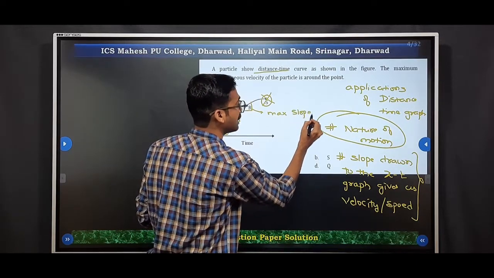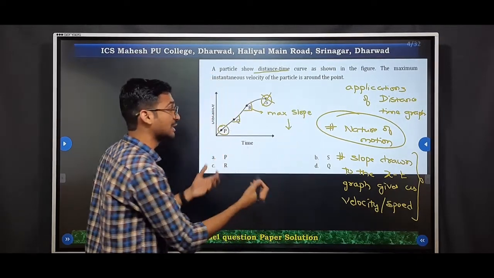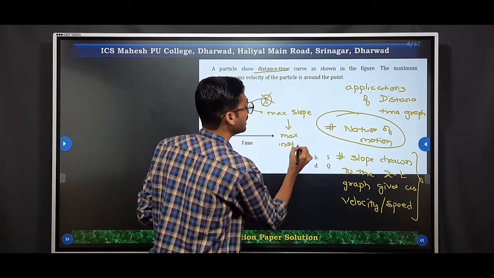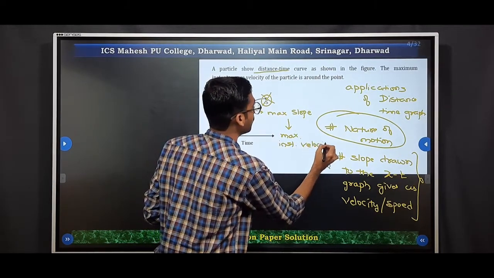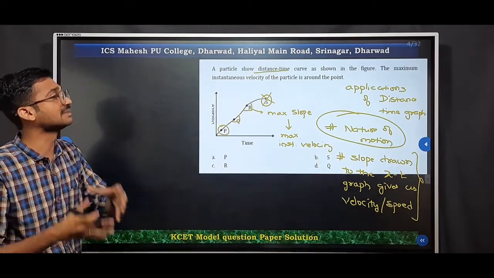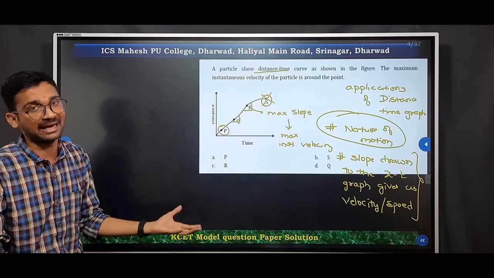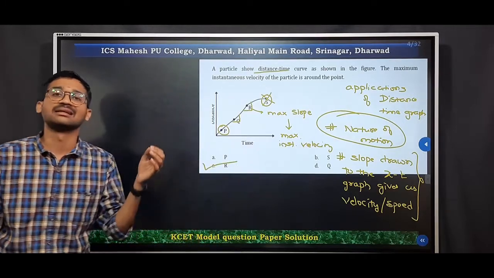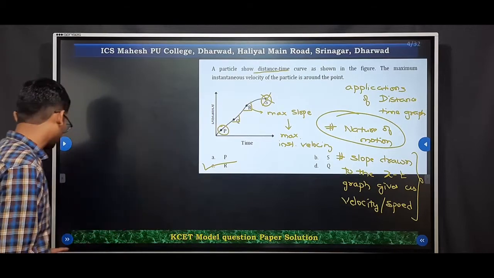If we get the maximum slope, that leads to the maximum instantaneous velocity. Therefore, by observing the options, we can say point R is the position where I have the maximum velocity. Therefore, option C is the right answer. Let us get into the next question.